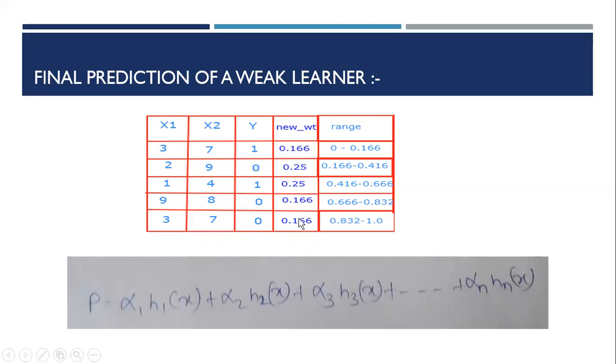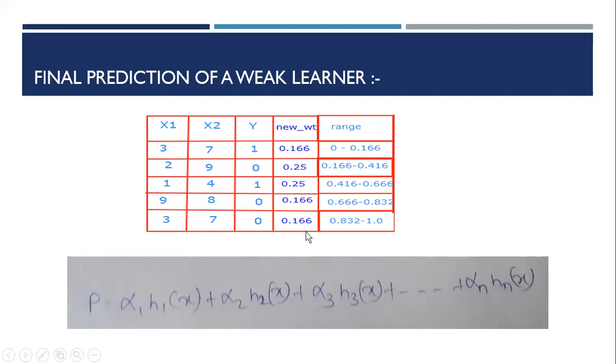Then a very important step here is that we have to do upsampling. What is upsampling? With the help of this weightage, I am creating bins or windows, from 0 to 0.166, and likewise I am creating a range for every row.